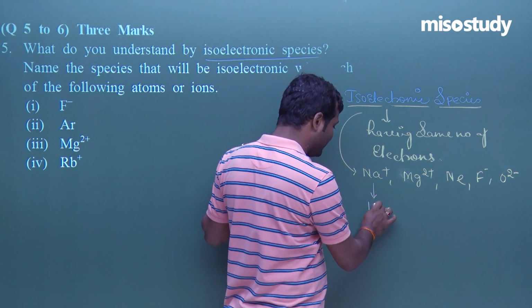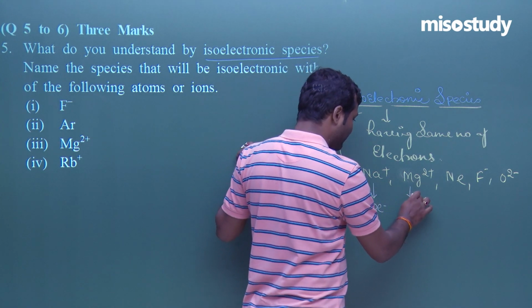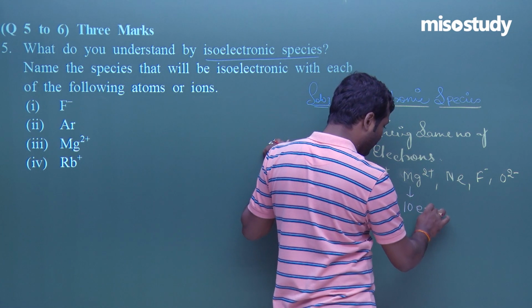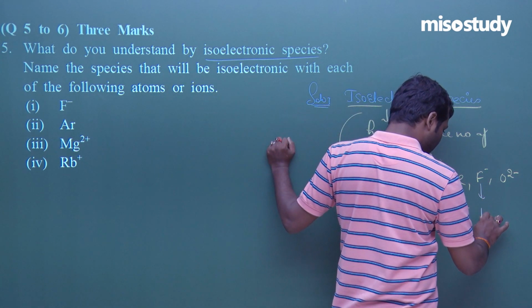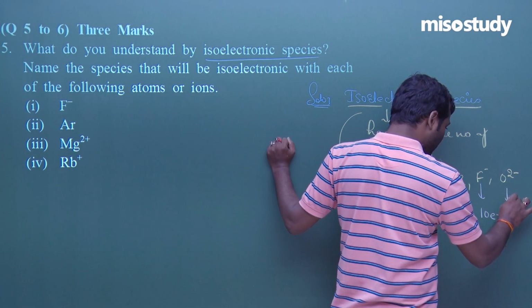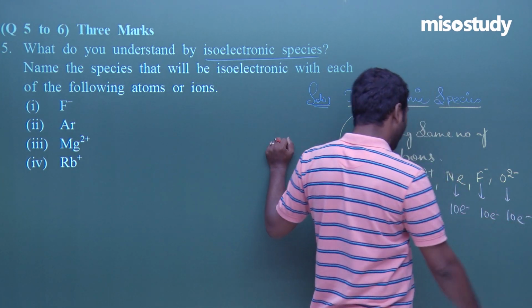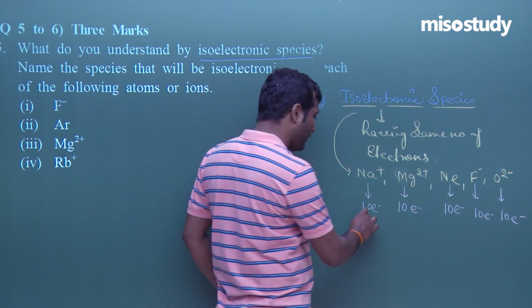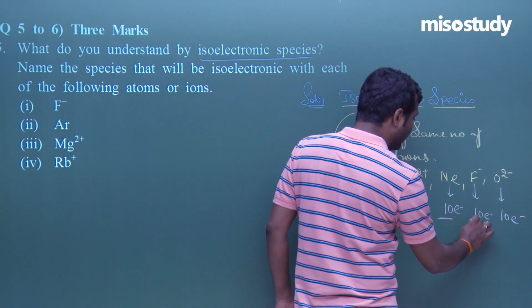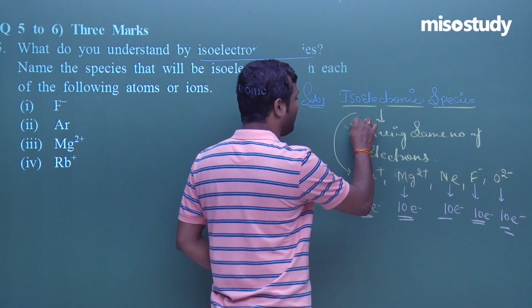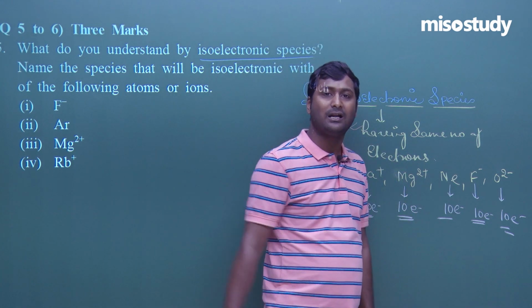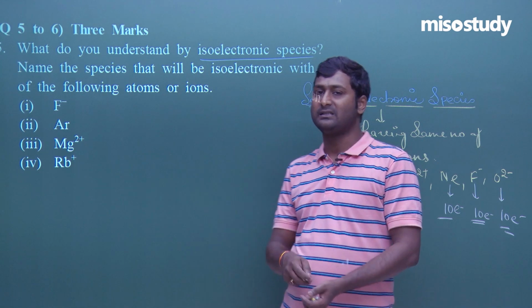In Na+ there are 10 electrons, in Mg2+ there are 10 electrons, neon also has 10 electrons, F- has 10 electrons, O2- has 10 electrons. In each and every case, they contain 10 electrons. That means species having the same number of electrons are called isoelectronic species, my friend.